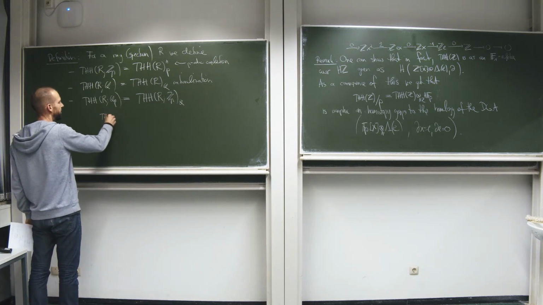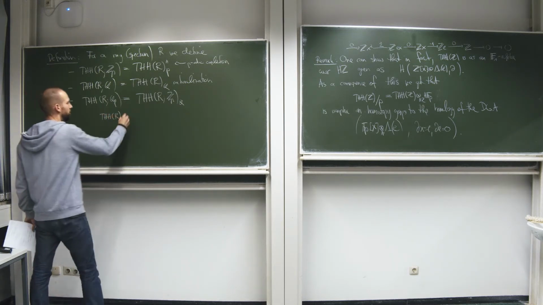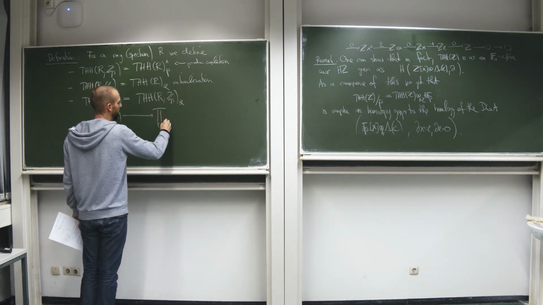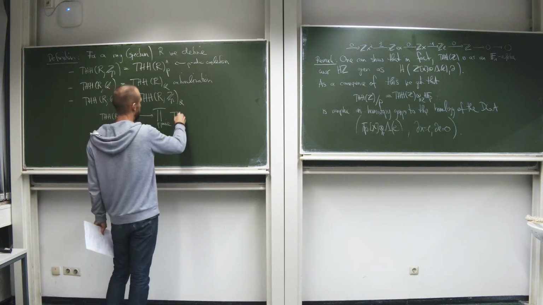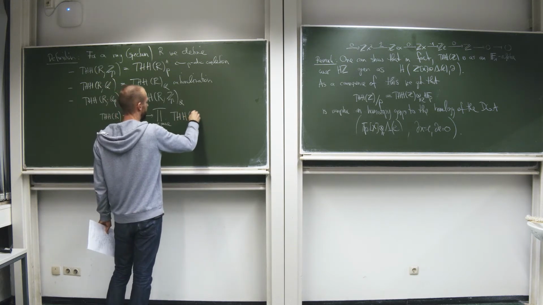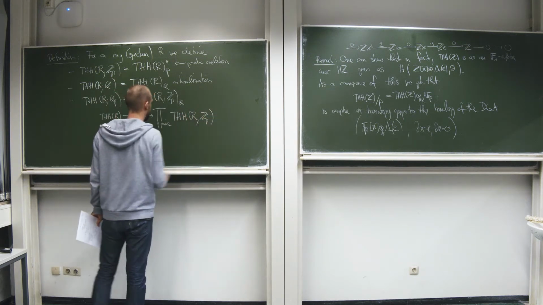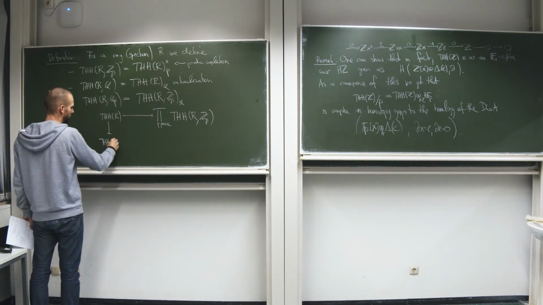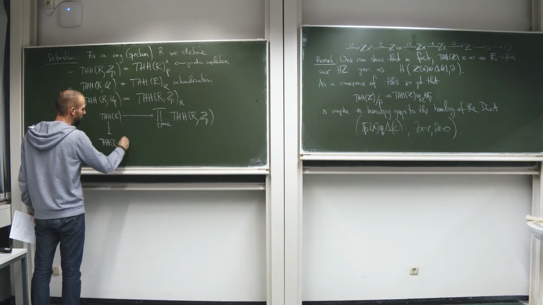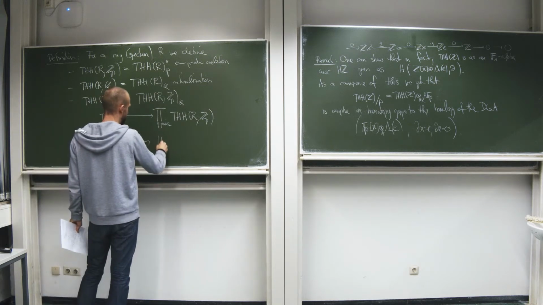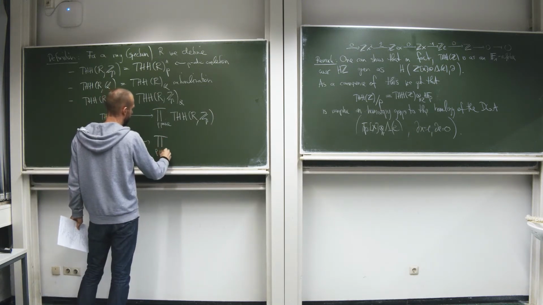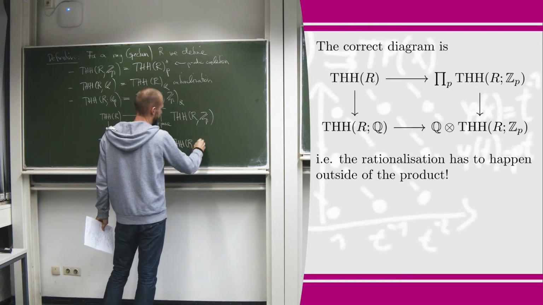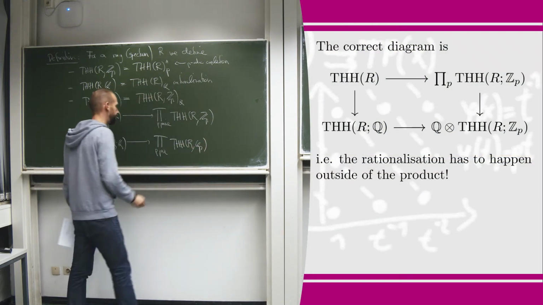We can recover the spectrum THH of R by means of the Hasse square from all its p-adic completions, where p ranges through all primes, and its rationalization THH of R with Q coefficients, and then of course you have the maps into the product over p of THH of R with Qp coefficients.